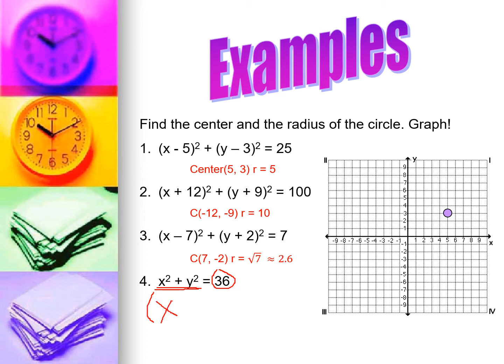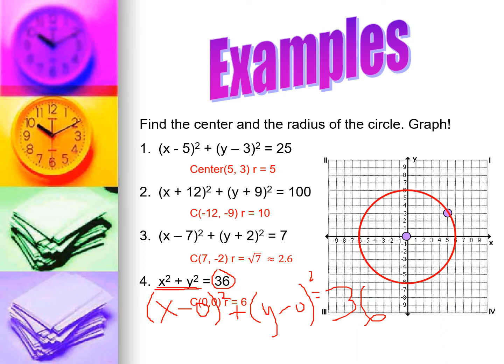I'll write this in. (x + 0)^2 + (y - 0)^2 = 36. Okay, so the 0 just means you start at the origin. And then the radius is 6 all the way around. Up 6, down 6, left 6, right 6.